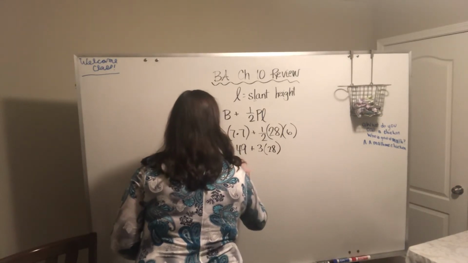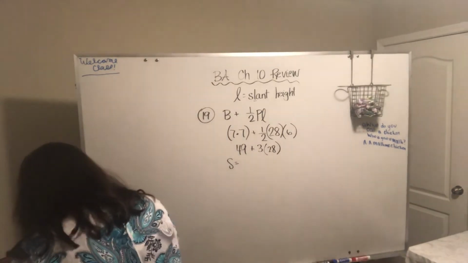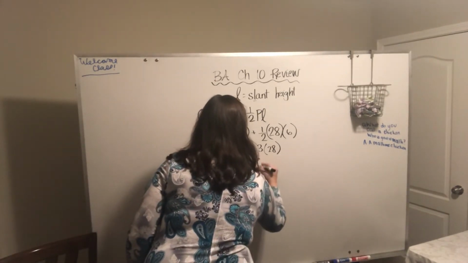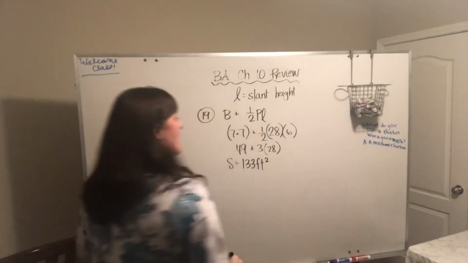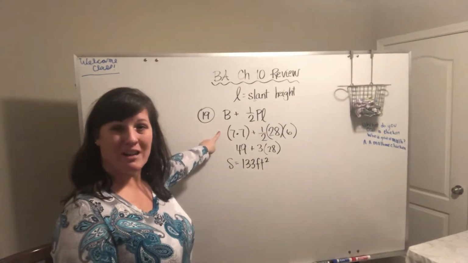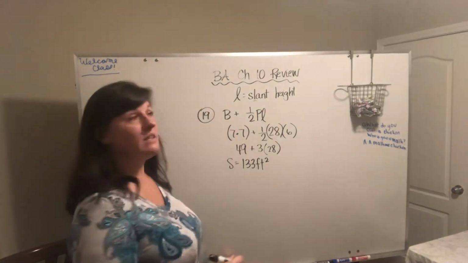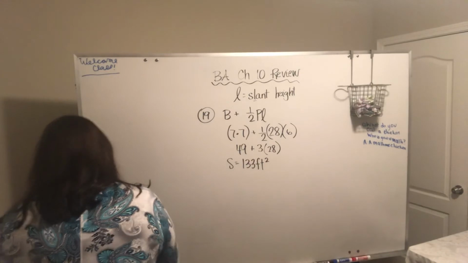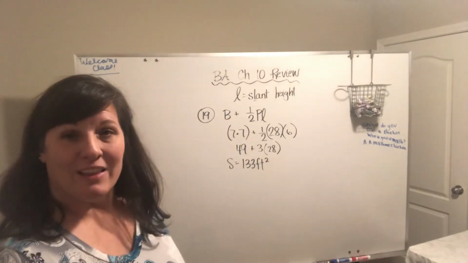And when I add all that together for 19, I get 133 feet squared. Again, pay attention. My mistake here, I was looking at another shape and I put it like it was a triangle. It is not a triangle. It is a square base. So my area there is 7 times 7. There you go.